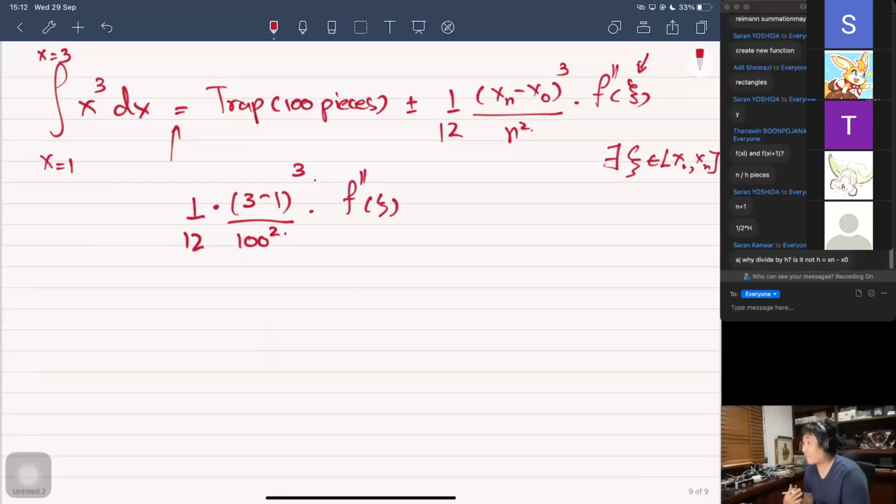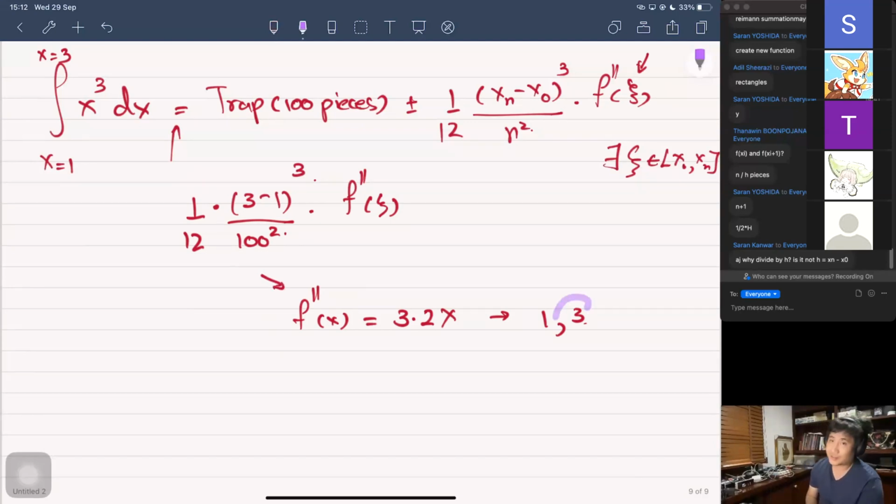Now we need to calculate f double prime and see where it is the largest. f double prime of x is going to be 3 times 2x, and we let x be from 1 to 3. So the largest value this is going to attain is at 3.